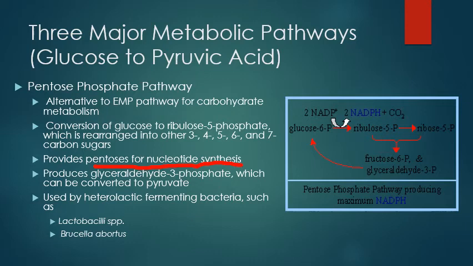So, your glucose 6-phosphate, kaysa mag-undergo siya ng EMP, the 2 NADP would produce 2 NADPH, forming your ribulose 5-phosphate. And it would also form ribose.